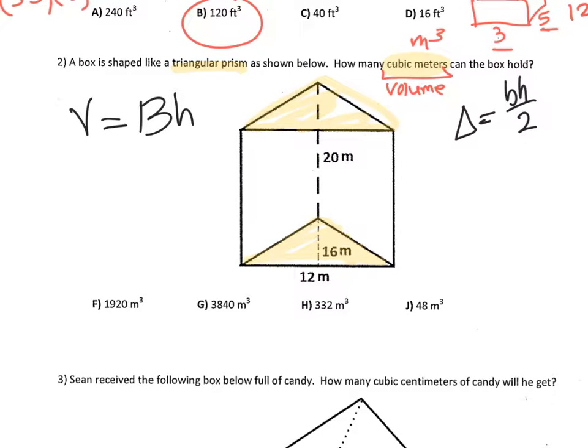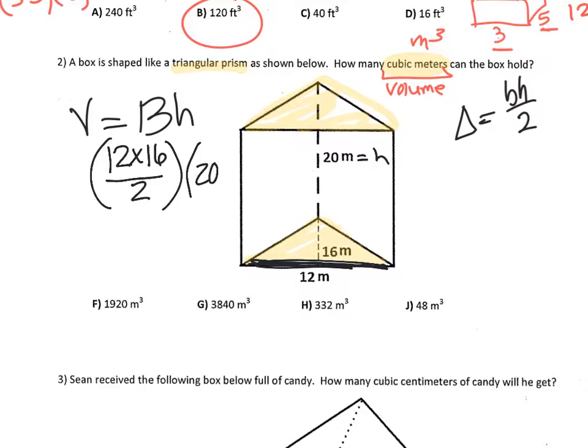If my base is a triangle, the base of the triangle would be 12 times the height of the triangle, which is 16, divided by 2. That'll be my capital B. And then the height of the whole prism, the whole shape, is 20.